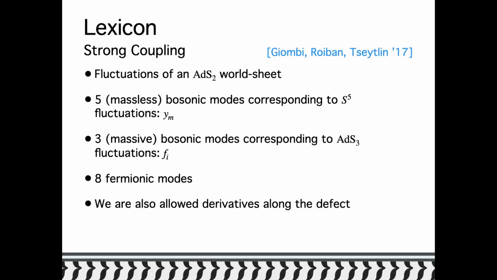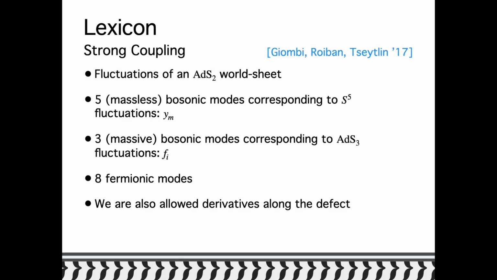So that's essentially what the degrees of freedom are at strong coupling. We have some fluctuations on an AdS2 worldsheet living inside AdS5. In particular, what are these fluctuations? There are 5 bosonic modes which correspond to S5 fluctuations, and they are labeled by these letters y^M.